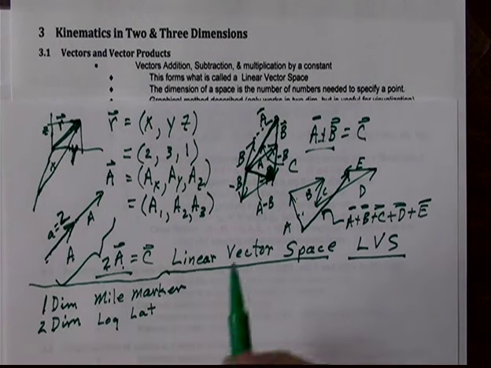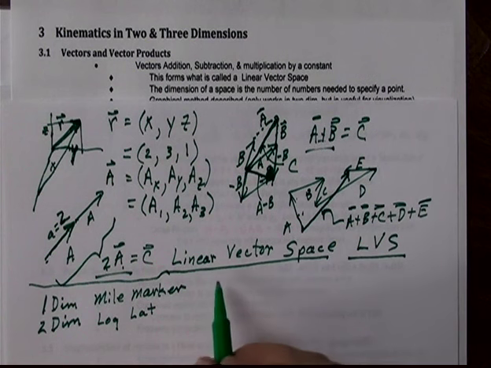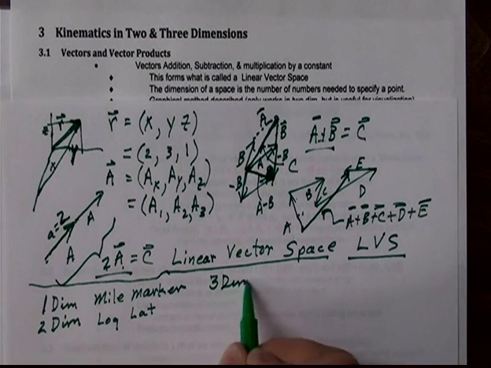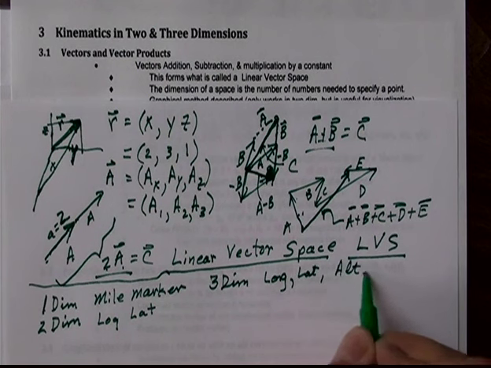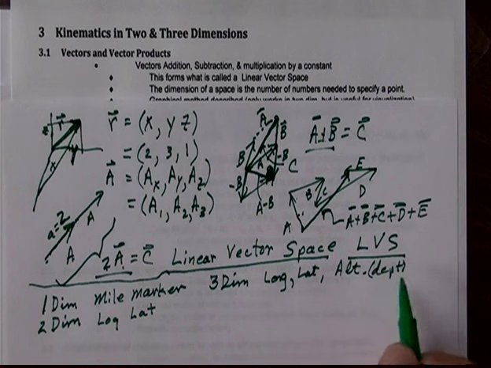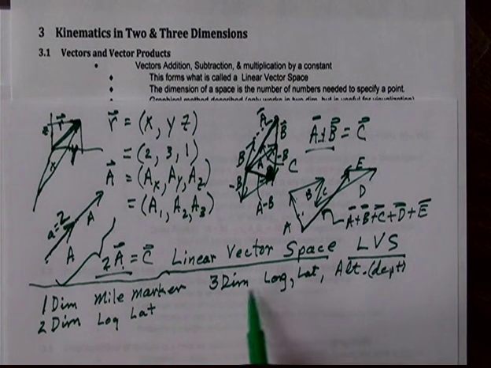But if you're dealing with an airplane or a submarine, which can go in a vertical direction also, then we'd be dealing with a three-dimensional space. And so we need longitude, latitude, and altitude, or, in the case of a submarine, depth. And in fact, we can do all of the space that we know of in the universe by specifying three coordinates or three numbers that give us the position of an object in three dimensions.